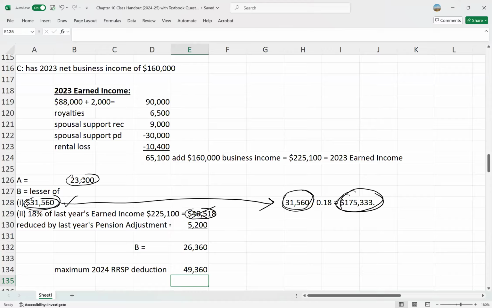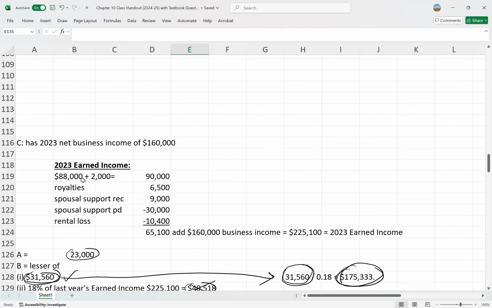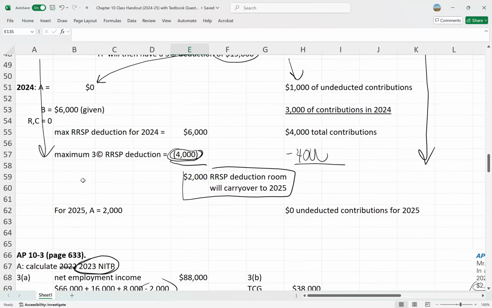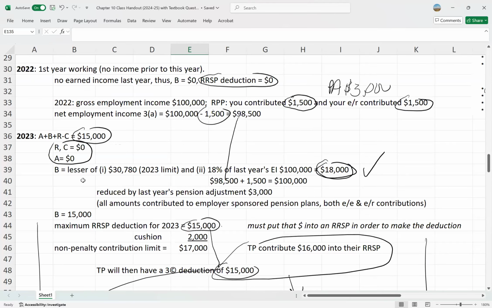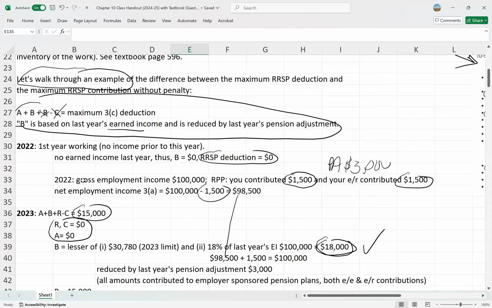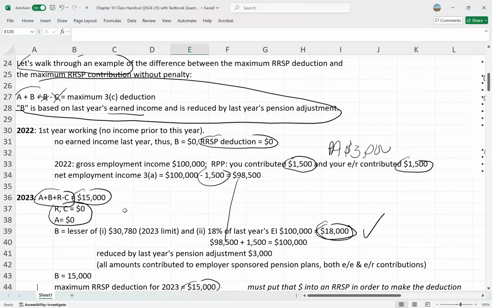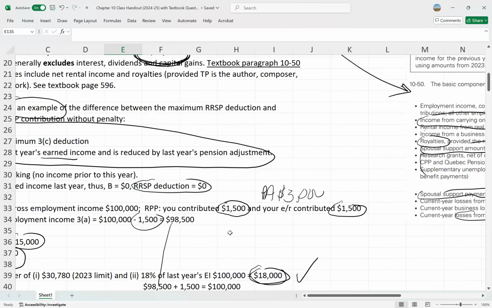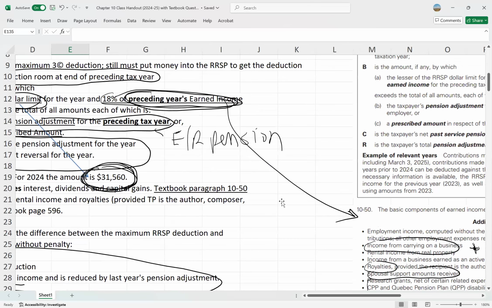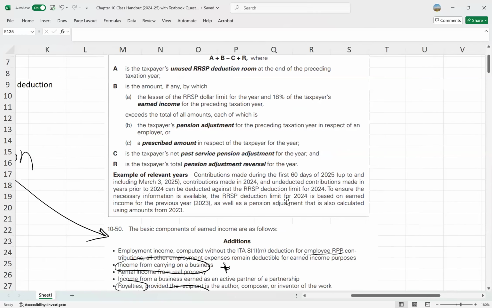I want to explain what the R and C are. So we go back to the formula here. The R is a plus and the C is a minus. So what is the definition of the R and C? R is a plus: the pension adjustment reversal.